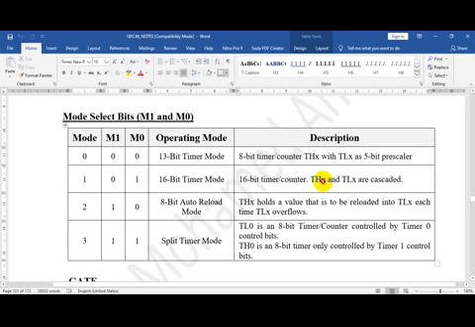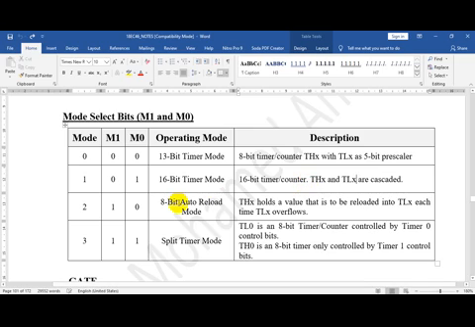X indicates, if you are using timer 0, TH0 and TL0, and if you are using timer 1, TH1 and TL1. That's why X is used for general indication. In this we load a 16-bit count value, so the maximum count will be FFFF.